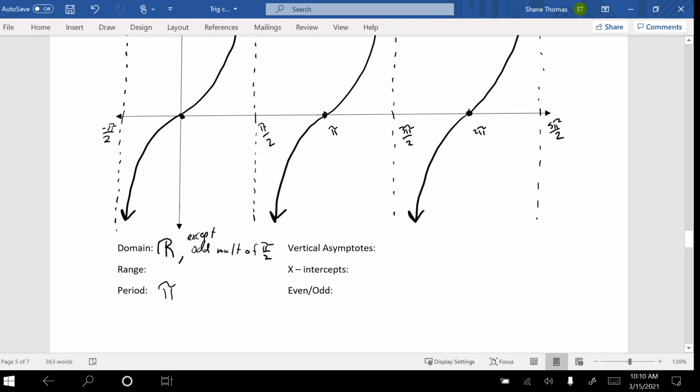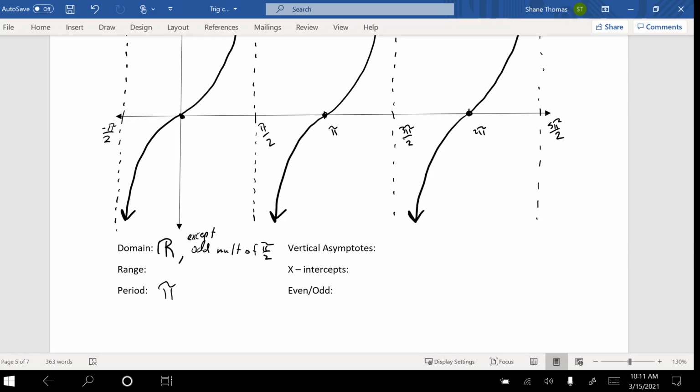I say odd multiples because pi over 2 would be 1 over 2. This would be 2 pi over 2, that's an even multiple because the top's even. Then 3 pi over 2, 5 pi over 2, 7 pi over 2, and so on. The domain would be all real numbers except for odd multiples of pi over 2.